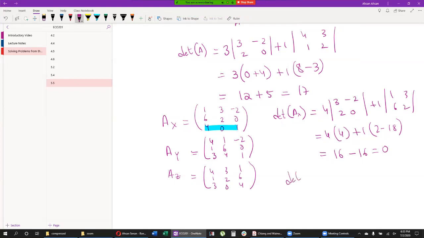See what happens. Determinant of AY will be, I'm going to use the third column. Once again, it's up to you guys which one you choose to use. So minus 2, 1, 6, 3, 4, plus 1, 4, 1, 1, 6.